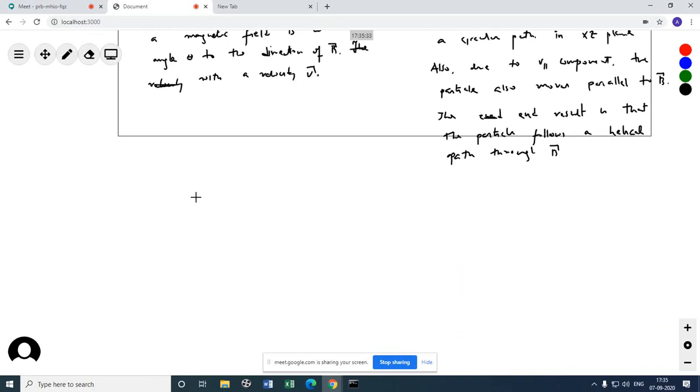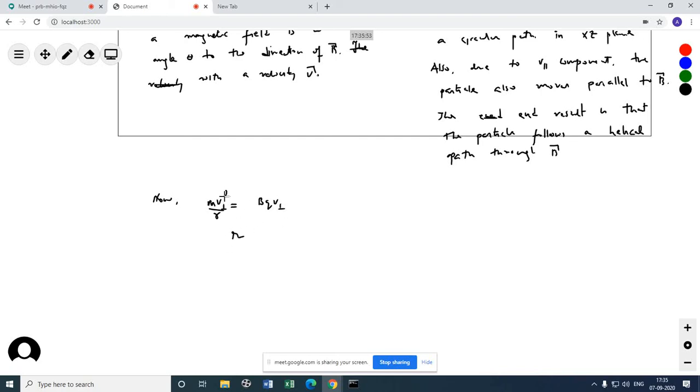Hence now the equation will be: the necessary centripetal force is provided, so m v perpendicular square by r is equal to B q v perpendicular.